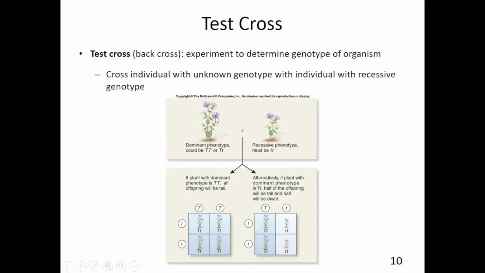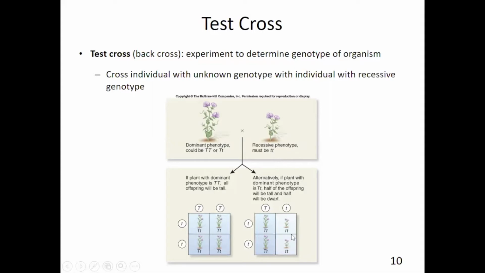The genotype of this plant could either be homozygous dominant, capital T capital T, or heterozygote, capital T lowercase t. To figure out what the genotype of this particular plant is, we can cross it with a plant that has the recessive phenotype, a plant that must be homozygous recessive, little t little t.